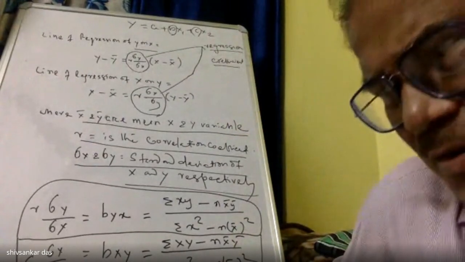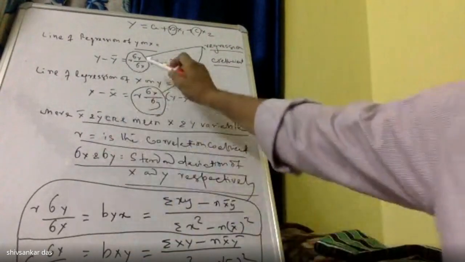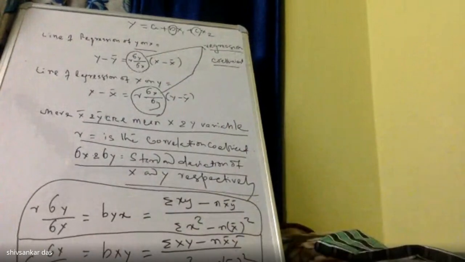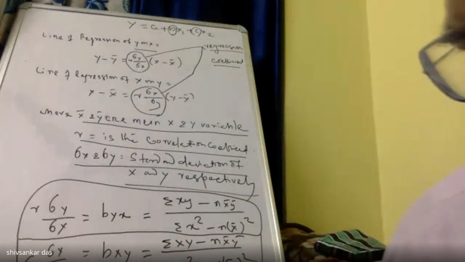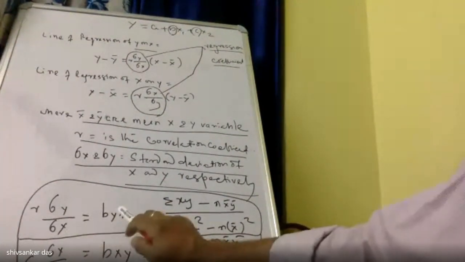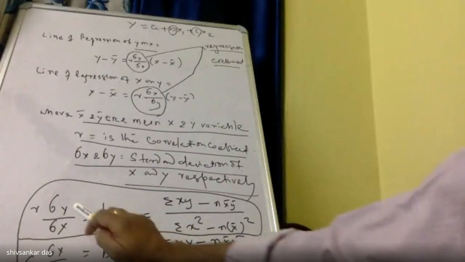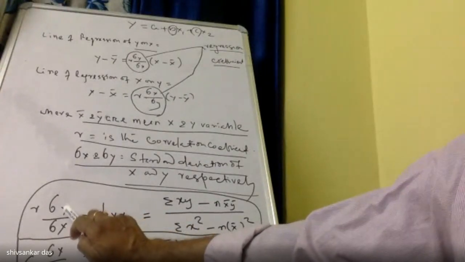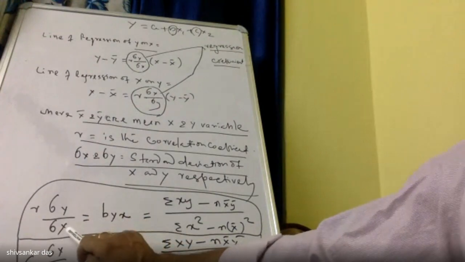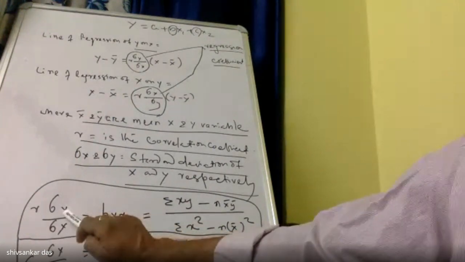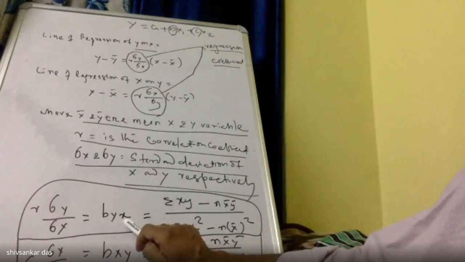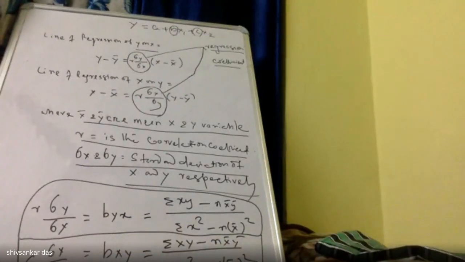How can we calculate the regression coefficient? We denote r sigma y by sigma x as byx. The numerator y is first, the denominator x is second.